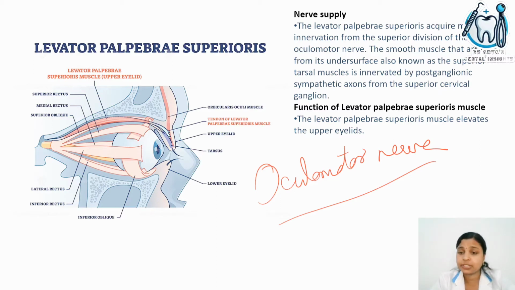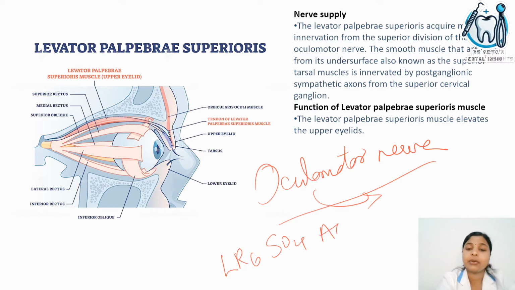All other muscles of facial expression are supplied by the facial nerve. That is the most important point to note. Then, which are the other muscles supplied by the oculomotor nerve? Moving to that, muscles of the eyeball, which are they? Yeah, LR6, SO4, AO3.